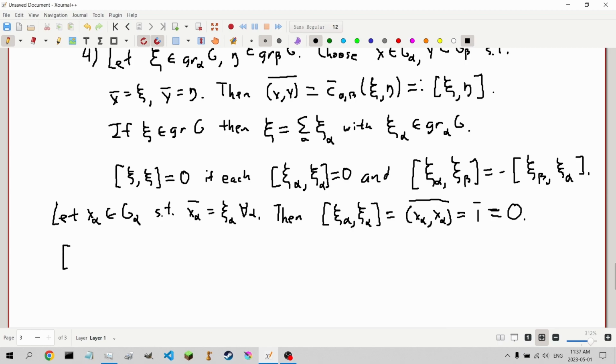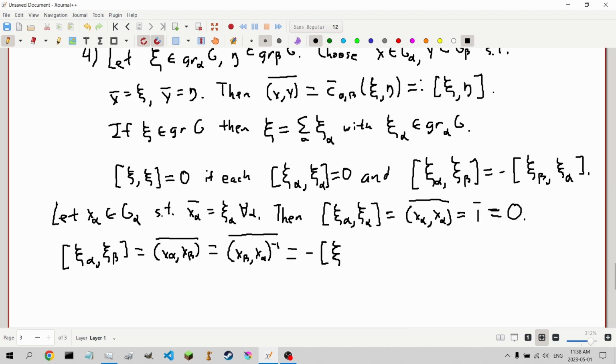Similarly, for our other condition here, this is going to give us the quotient map of X alpha and X beta, which we can swap their order with an inverse, which is then just going to turn into a negative here.